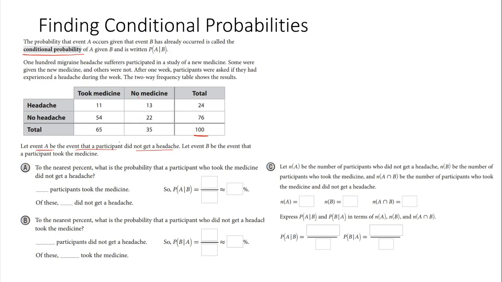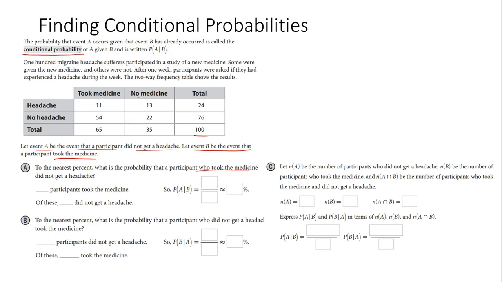Let B be the event that the participant took medicine. That's very important to notice. Now, to the nearest percent, what is the probability that a participant who took medicine did not get a headache?